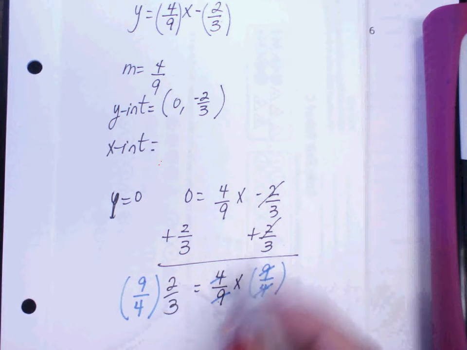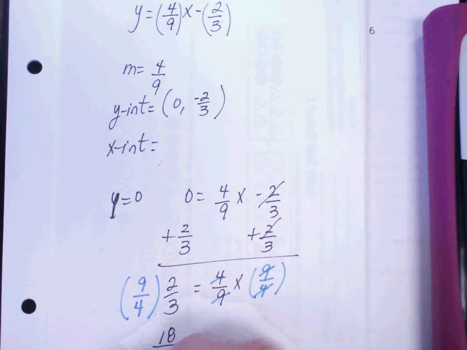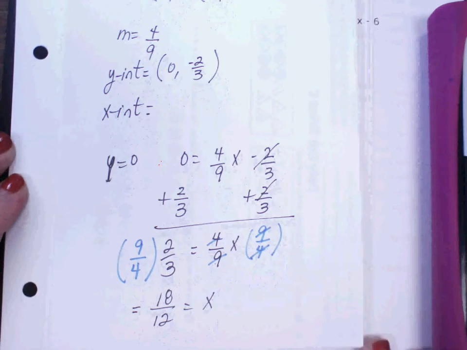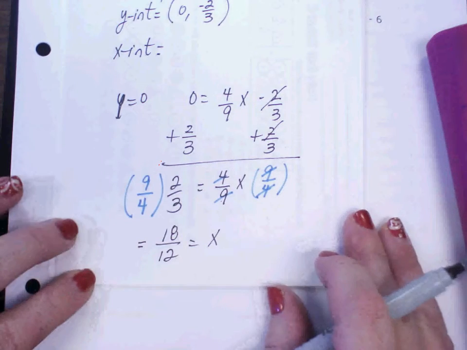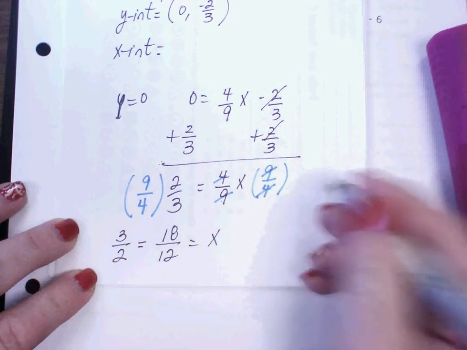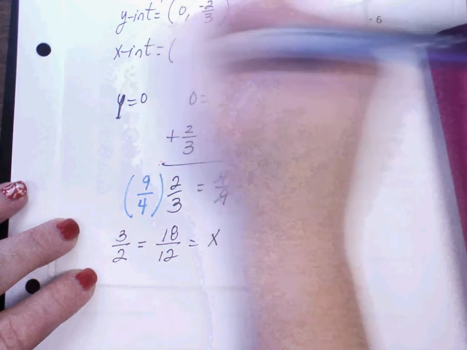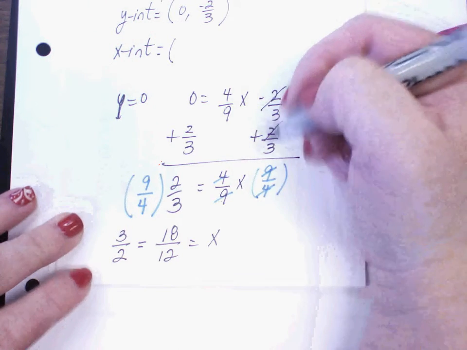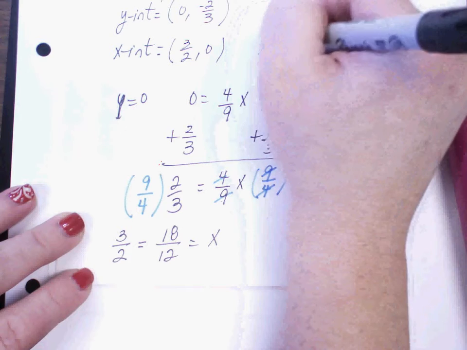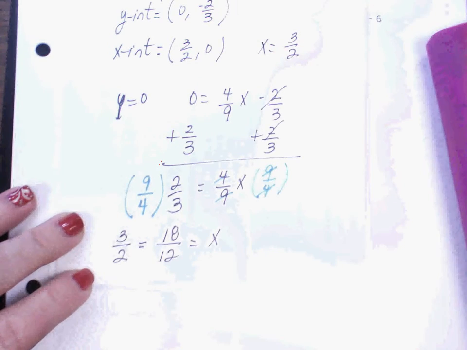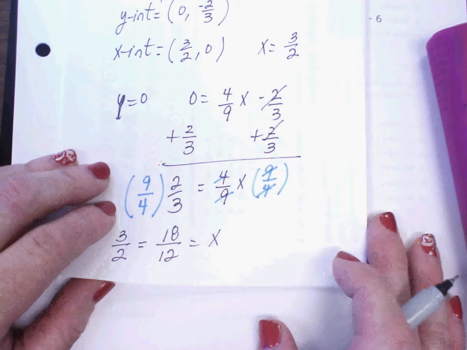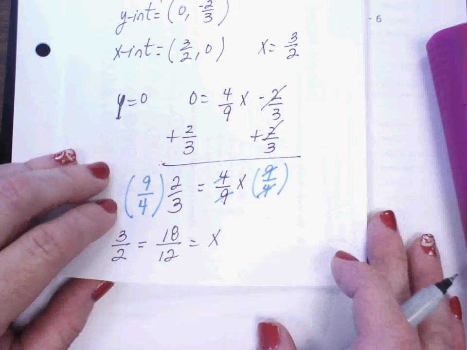That cancels, that cancels, that cancels, that cancels. 9 times 2 is 18. 4 times 3 is 12. I can simplify that using, I believe, sixes. So that would be 3/2. All right, so what's my x-intercept? 3/2 and 0, and then my 0 would be 3/2, which is 1.5, right? All righty.